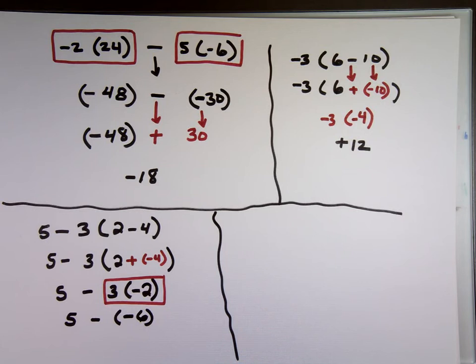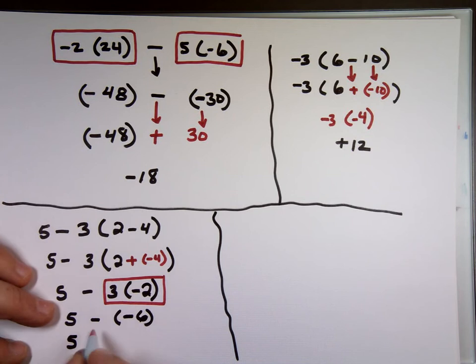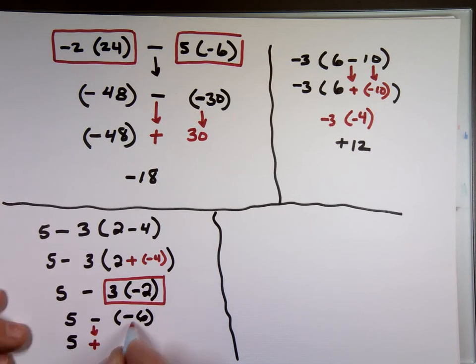Any more multiplications or divisions? No. Any additions or subtractions? Yes. So this becomes 5 plus, that's a 6, the opposite of negative 6, which is 6. What's 5 plus 6? 11.